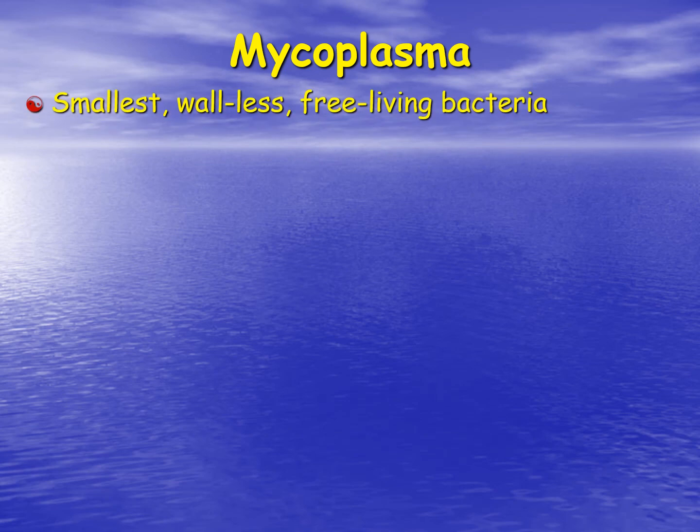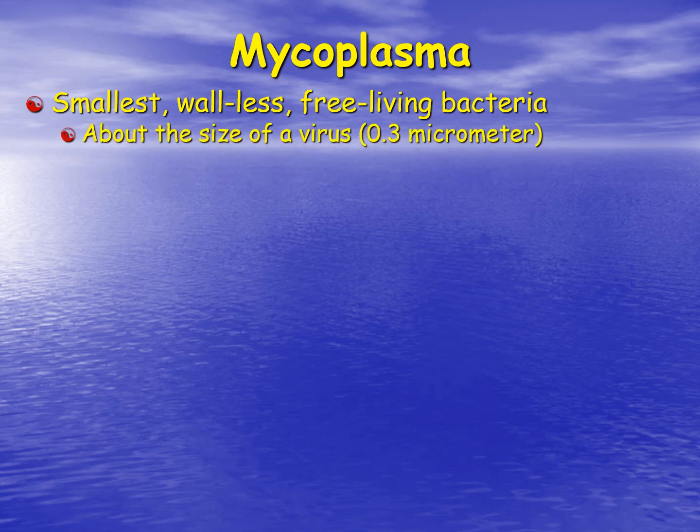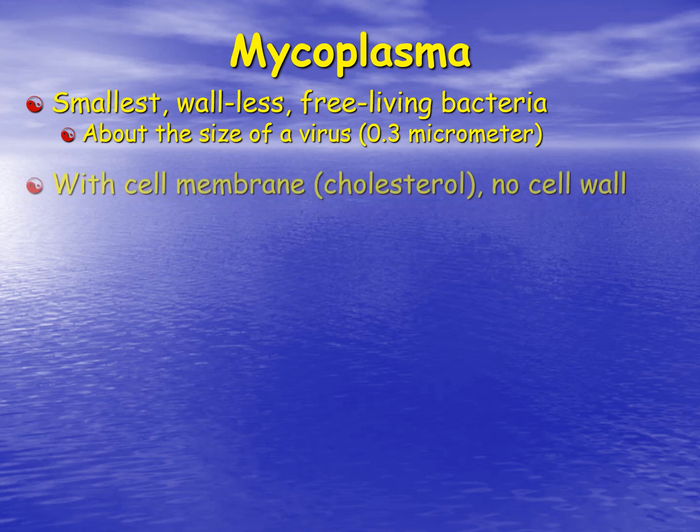Now, mycoplasmas. These are unique in that they are the smallest of all the bacteria. They are free-living, and they are the only wall-less bacteria. Primarily, they don't have a cell wall because they're just so small, about the size of a virus, about 0.3 to 0.5 microns in diameter.